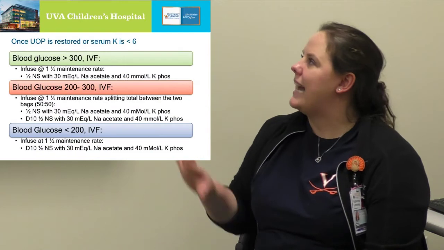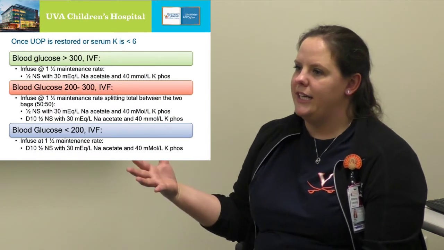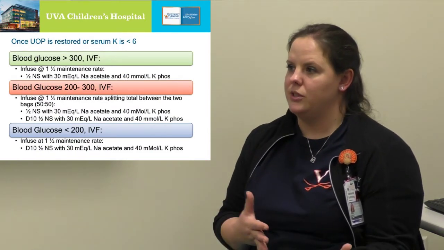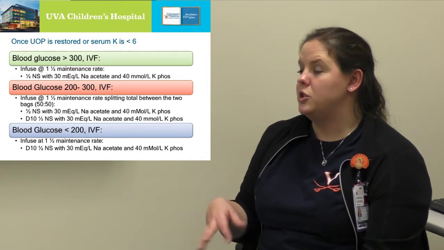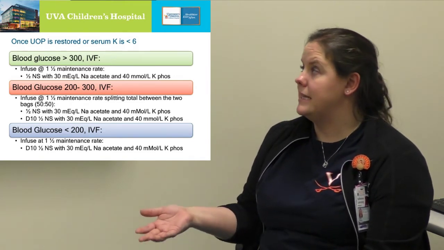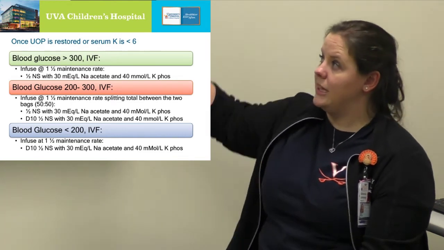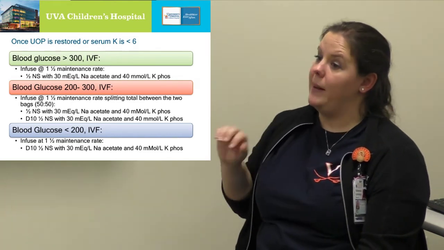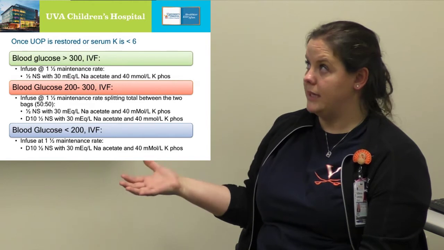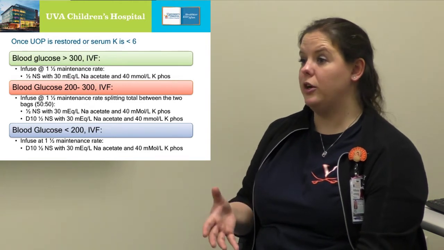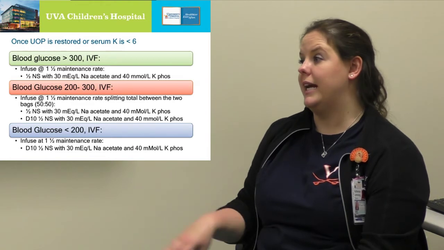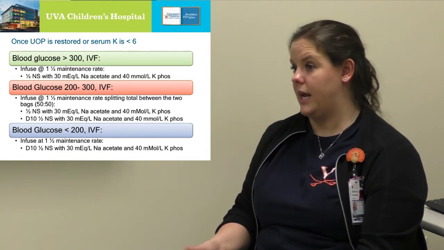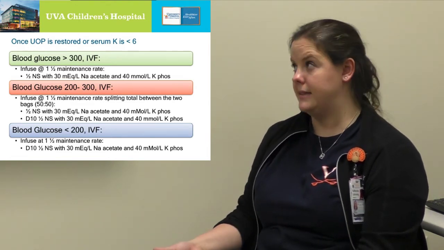So here clarifies how you titrate your fluids, both the non-dextrose and the dextrose-containing fluids. Once urine output has been restored or the serum potassium is less than 6, the titration of your fluids is based on what your blood glucose level is. If the point of care glucose is greater than 300, you're going to be running the non-dextrose containing fluids at 1.5 times maintenance.